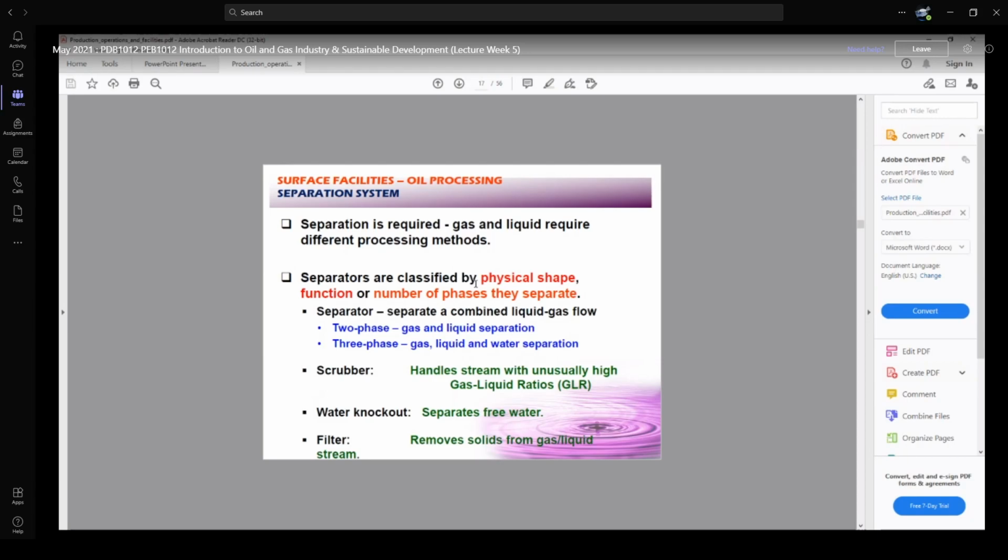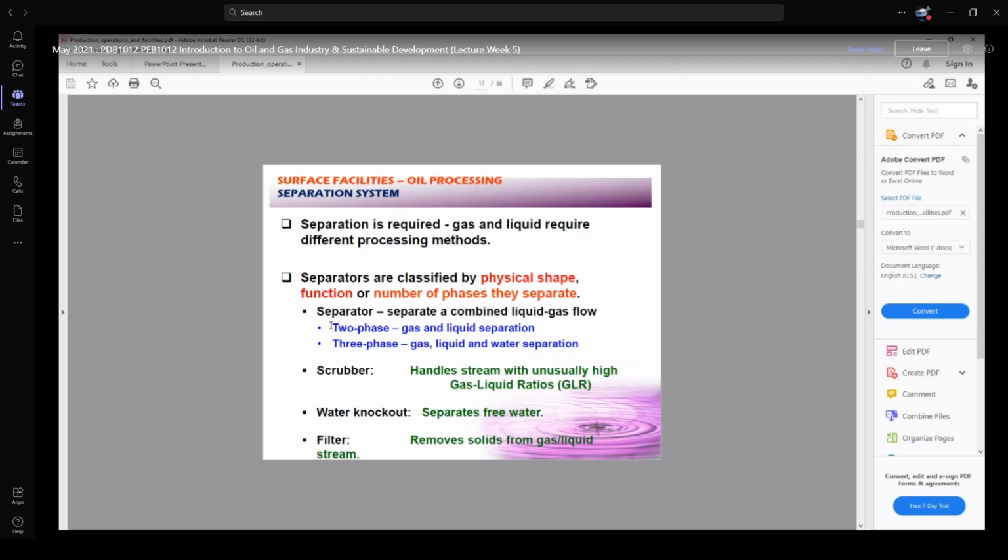The separators are normally classified either on physical shape, meaning vertical or horizontal, or based on function, meaning two-phase separation, three-phase separation, or gas separation, liquid separation, water separation, whatever it is. Or we can classify it based on the different stages or phases of separation, right?